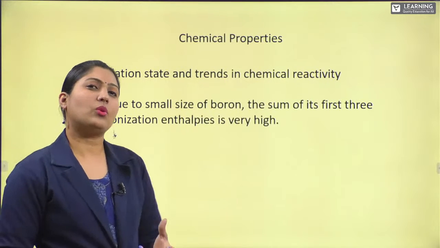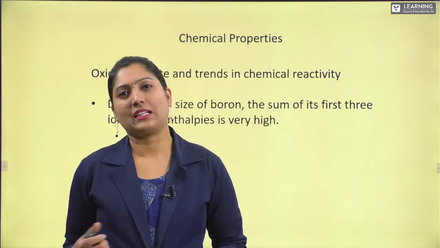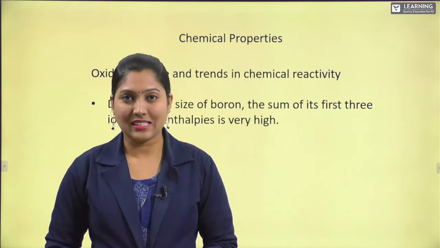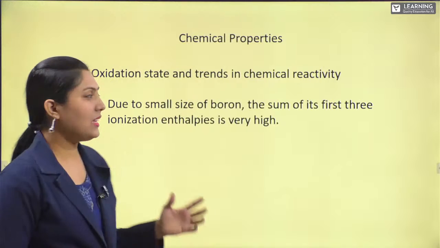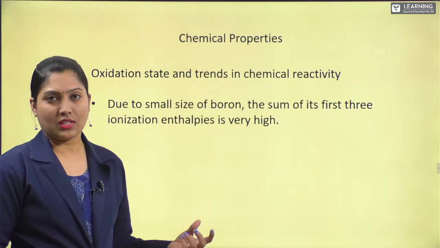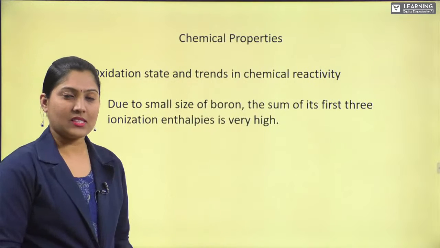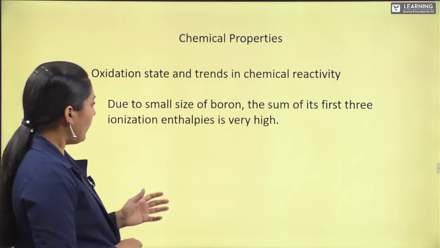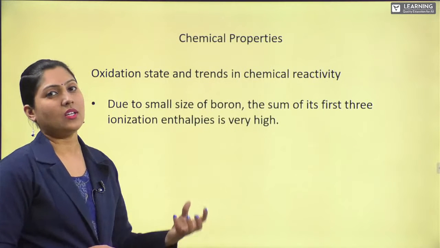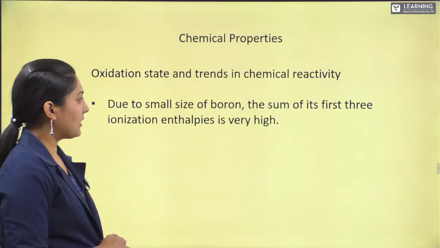Whenever we need to know about the chemical properties or reactivities, we need to know about their oxidation states. As we know, 13 group elements have +3 as the oxidation state. In the previous class, we studied that, right? So we'll go ahead with these properties which give rise to the chemical properties of 13 group elements.